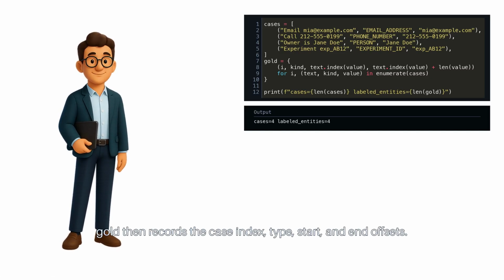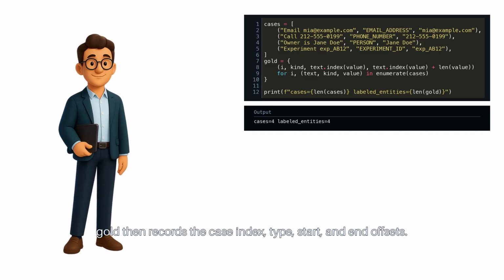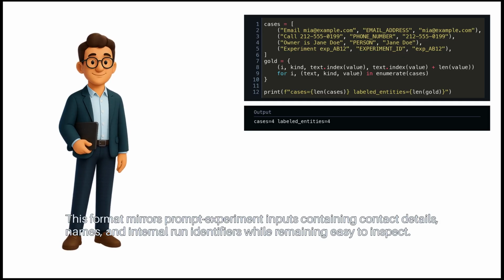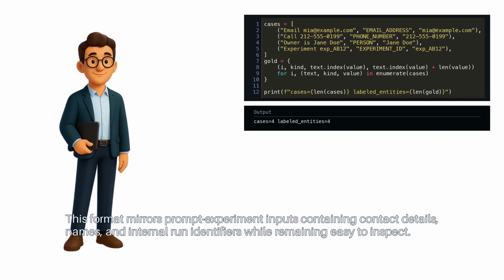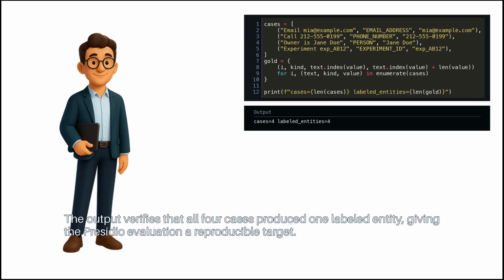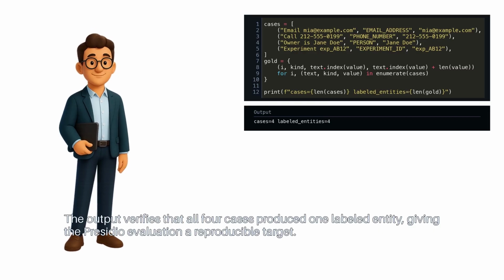Gold then records the case index, type, start, and end offsets. This format mirrors prompt experiment inputs containing contact details, names, and internal run identifiers, while remaining easy to inspect. The output verifies that all four cases produced one labeled entity, giving the Presidio evaluation a reproducible target.